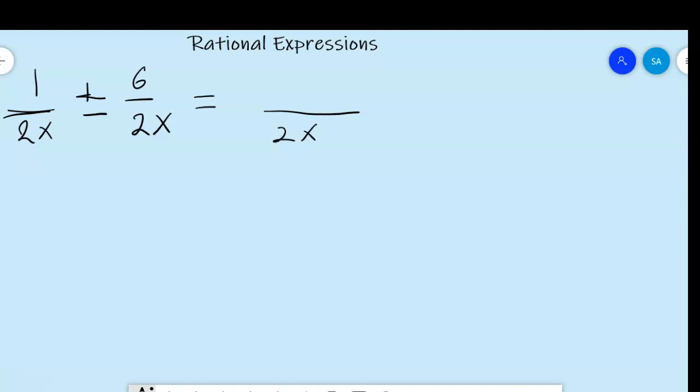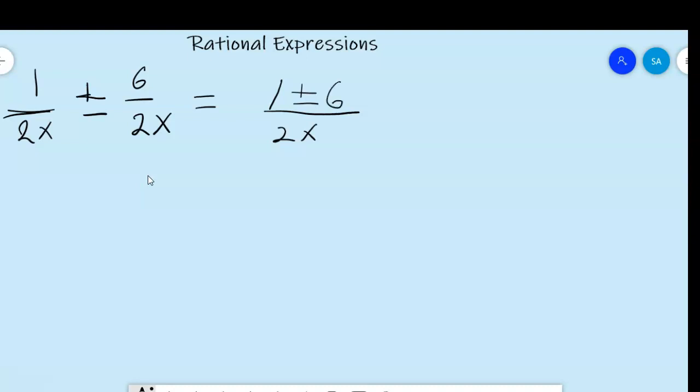And then at the first one, we have 1 on top, so we put the 1 here. We bring our plus or minus, and then we bring our 6.